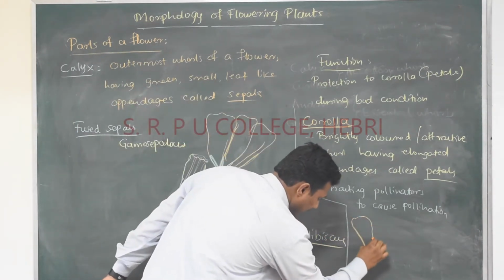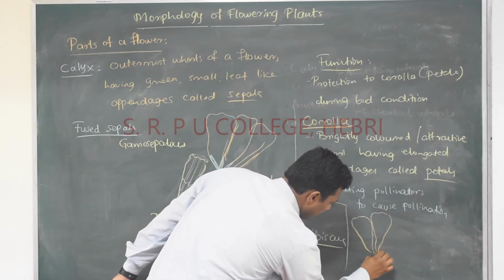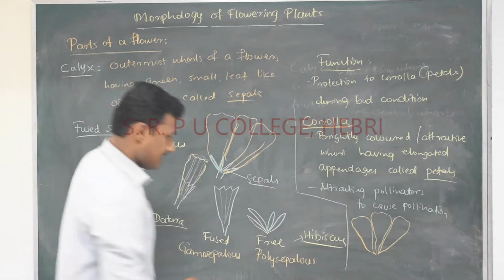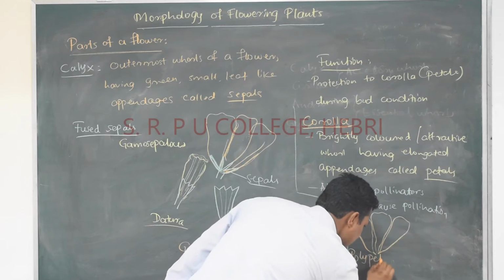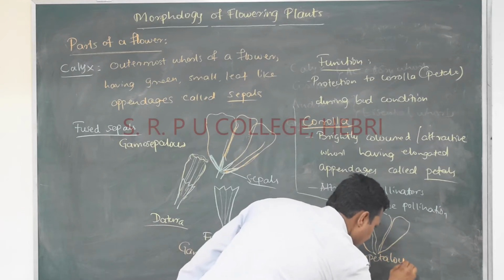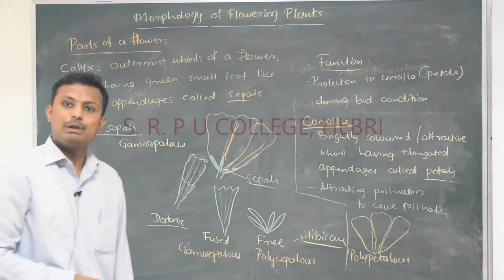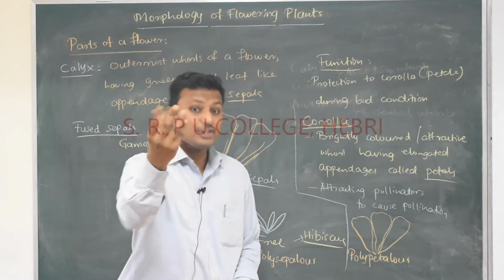Hibiscus. In hibiscus they are all free, right? They are free until the base, and that is why it is called the polypetalous condition.